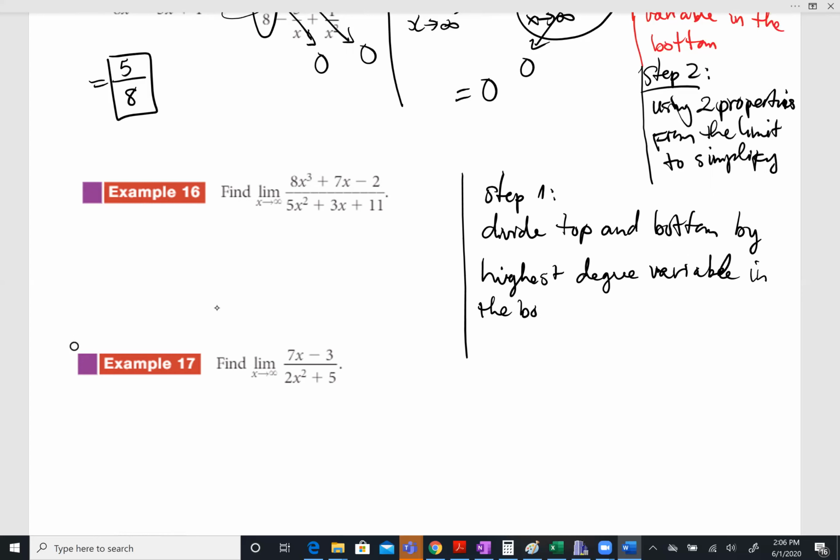What is that? x squared. That is the highest degree. Okay, so it is x squared.